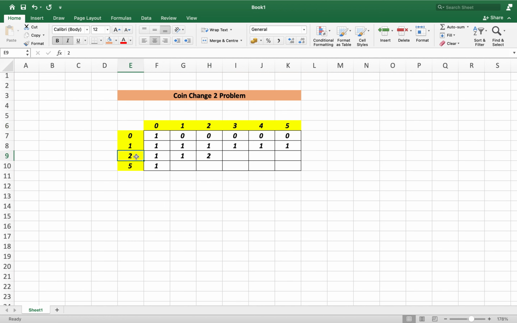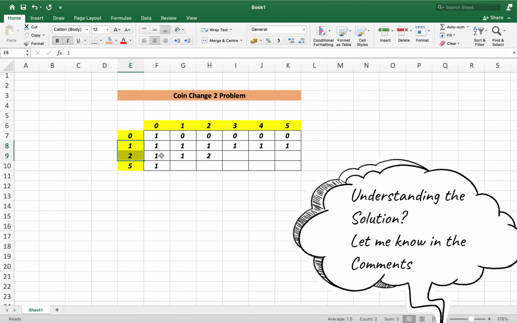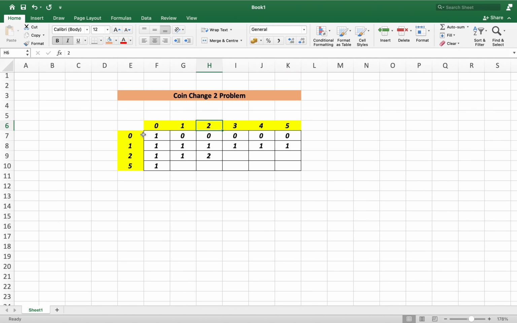Now, what's the logic behind it? Subtracting 2 from this amount 2 takes us to the amount 0, adding 2 to which gives us this amount 2 only. So hypothetically, if 0 could be formed in one way using the coins of denominations 1 and 2, then there is also one way in which 2 can be formed using the coins of denominations 1 and 2.